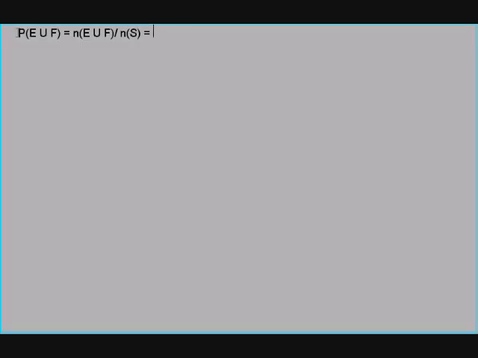That's going to equal the number of elements in E union F, which is the number of elements in E plus the number of elements in F minus the number of elements in E intersect F.